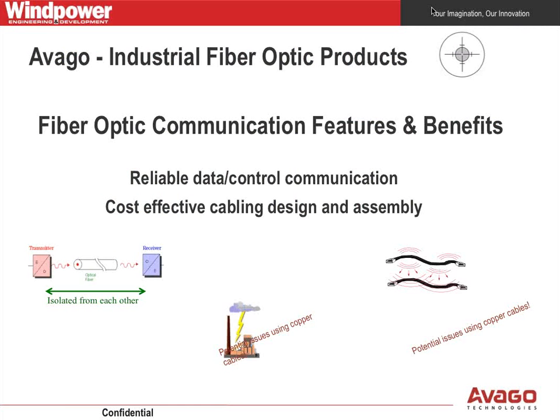The value it provides is immunity to crosstalk, because we're communicating over fiber optic cable. We limit the risk and the effects of environmental issues like lightning strikes. And then we offer infinite voltage isolation from one end, the transmitter, to the other end, the receiver. In this case, we look like an optocoupler on steroids.